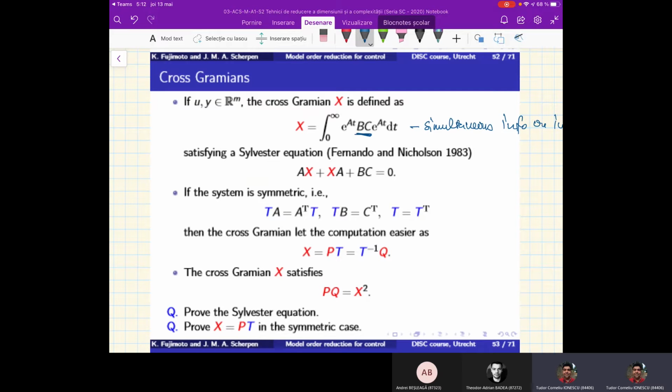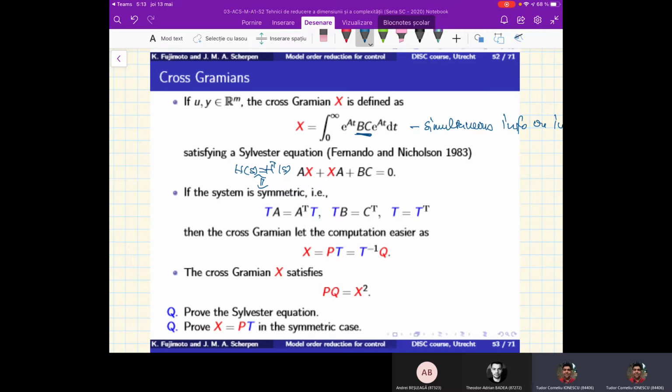And if the system is symmetric, that is equivalent to saying that H of s, the transfer matrix, is a symmetric matrix. That's what a symmetric system is. Physically, it is related to the nonlinear notion of a gradient system. I'm not going to get into these details.